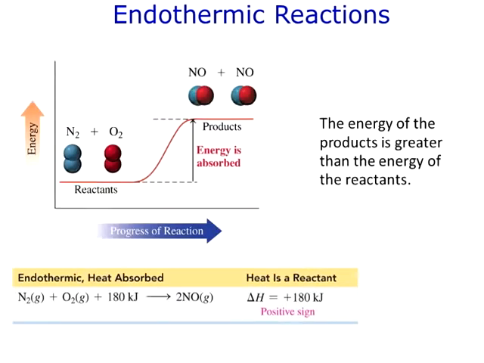On an energy diagram with the progression of the reaction going from left to right and energy going up higher, we note that we start with the reactants at a lower position on the energy curve. They're at the bottom of the hill, and they are pushed up to higher energy products. The energy of the product is greater than the energy of the reactant. Delta H in this case is a positive 180 kilojoules.